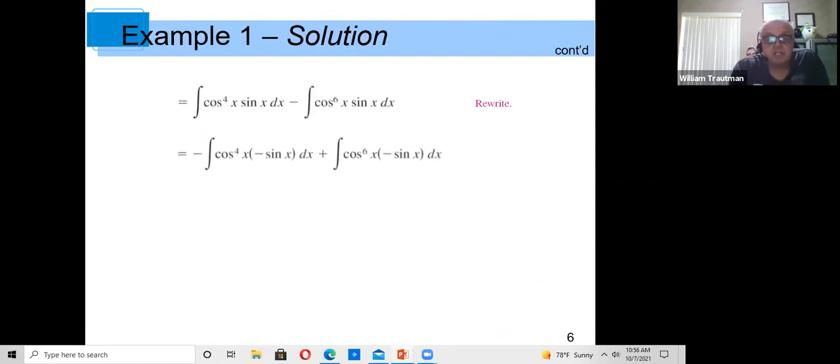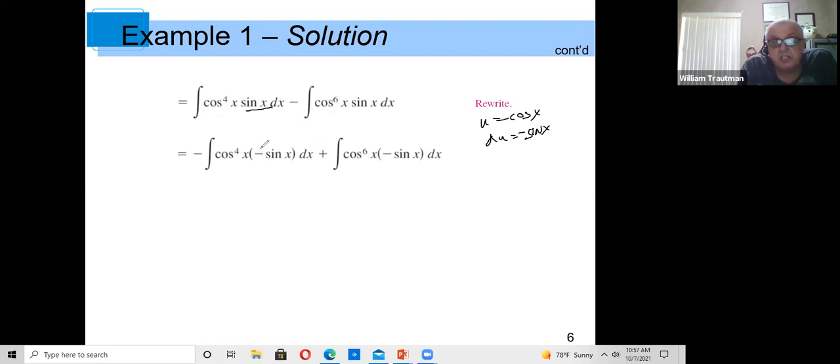And when you integrate that individually, don't forget, I had mentioned earlier that if your u is cosine x, then du, the derivative of that, is negative sine x. So we have the sine x there already.